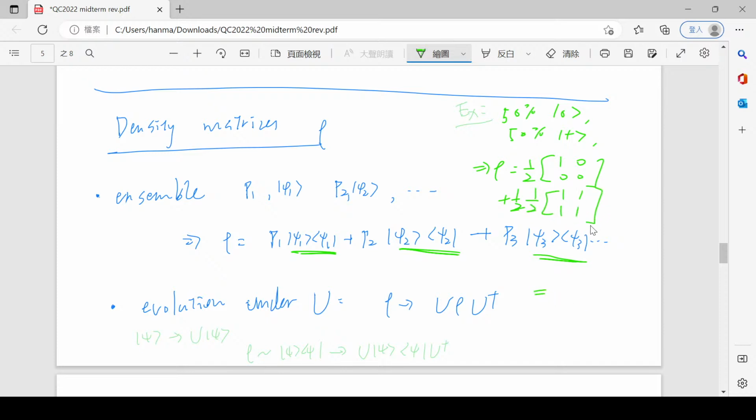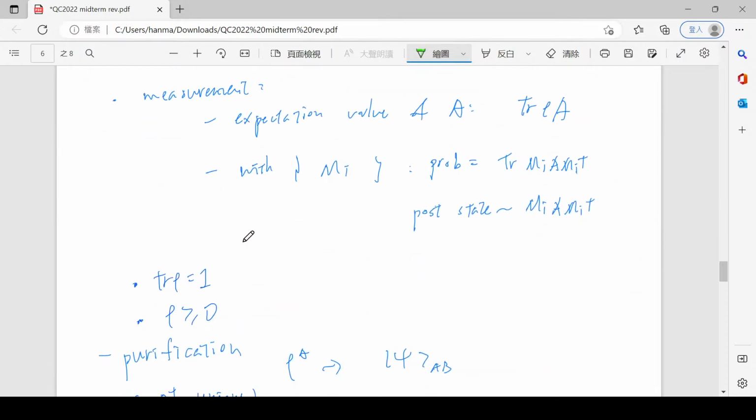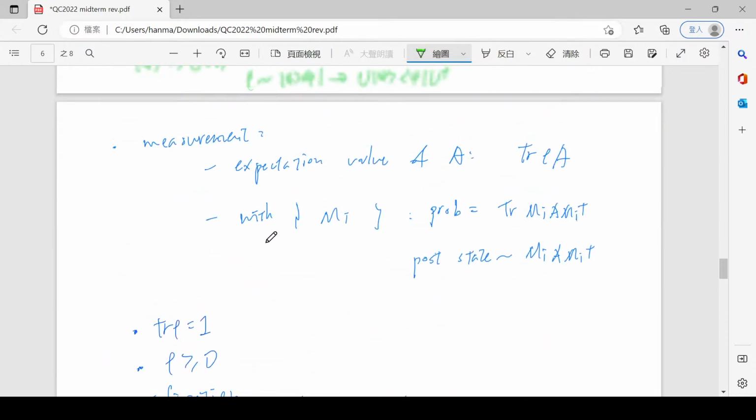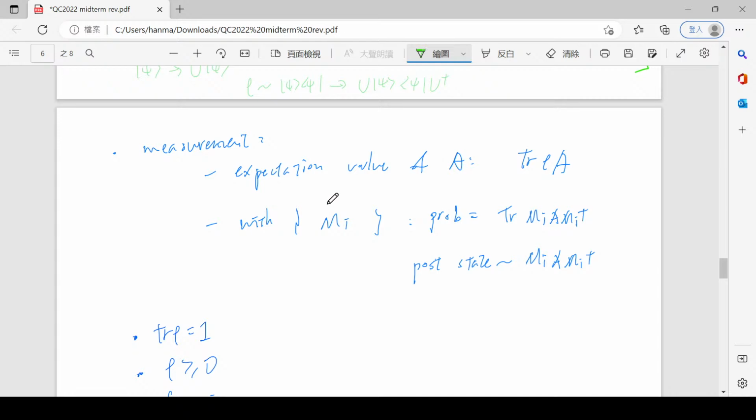And so the result should be (3/4, 1/4, 1/4, 1/4), something like this.